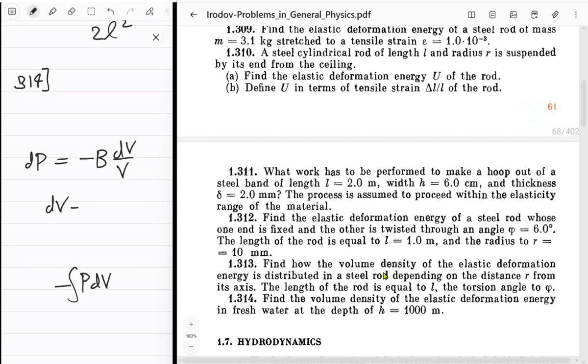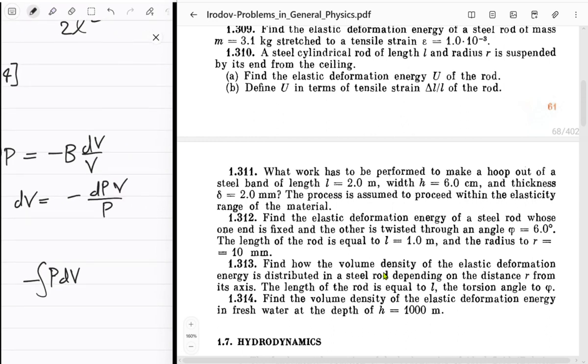dV is just equal to negative dP times volume upon the bulk modulus. The whole problem is this volume. How am I supposed to use that? How am I supposed to get the pressure by itself? Yeah, that's another problem. I get it, the volume barely changes.